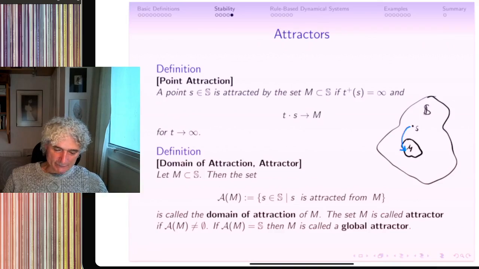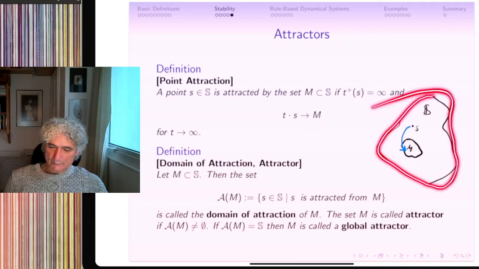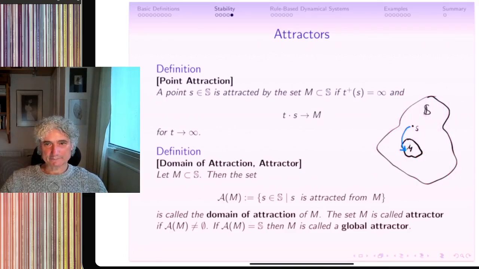The set A of M is defined as the set of all S in S which are attracted by M. This is called the domain of attraction of M. The set M is called an attractor if it attracts some elements of the state space S. And if it attracts all elements of the state space, so the whole state space will be shifted towards M, then this is called a global attractor.